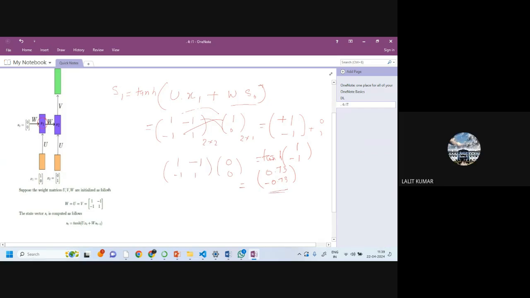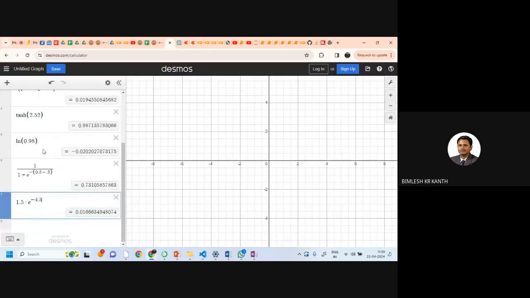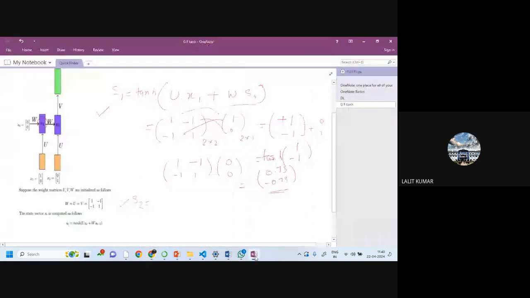It's 0.76. Okay. Now we go to S2. Let's check this once in the calculator. Where is tanh in the calculator? No, in the TCS calculator there is a tanh button.